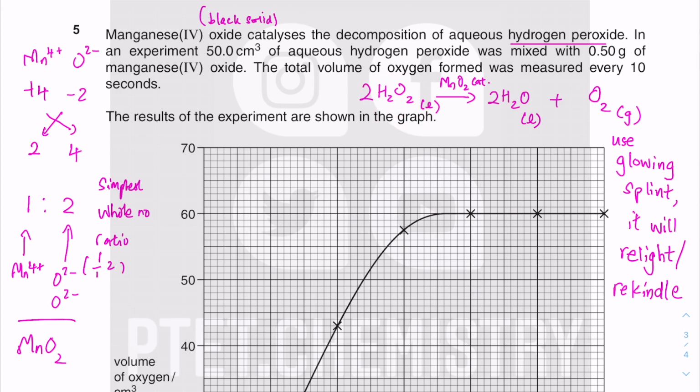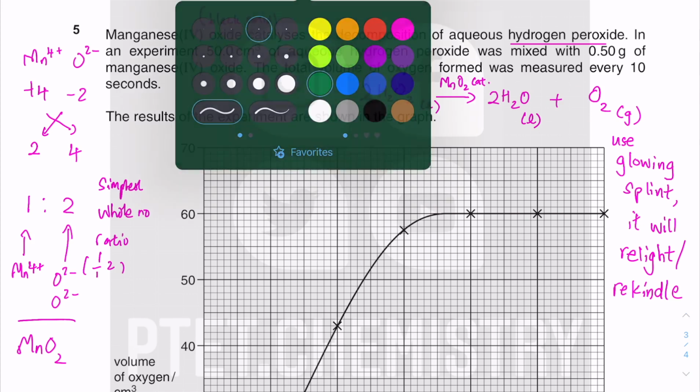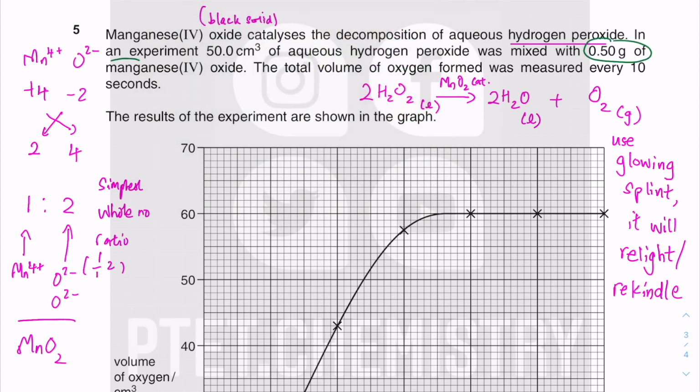Okay. So what do we have? We have the mass. Careful. We have the mass of manganese 4 oxide. But if you look at this equation, manganese 4 oxide is not in the equation. When I say not in the equation, I mean it's only a catalyst. It is not involved, it's not used up. See, this bit doesn't have manganese, this bit doesn't have manganese. The oxygen from here doesn't come from manganese oxide, it comes from H2O2.